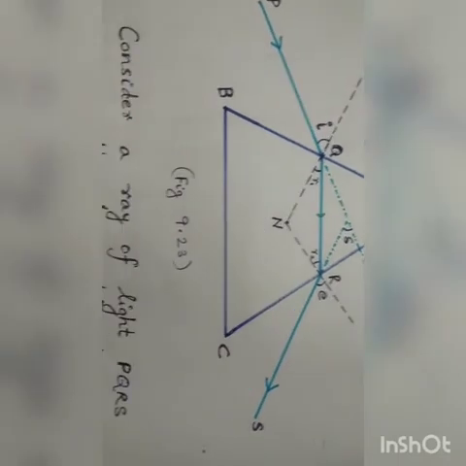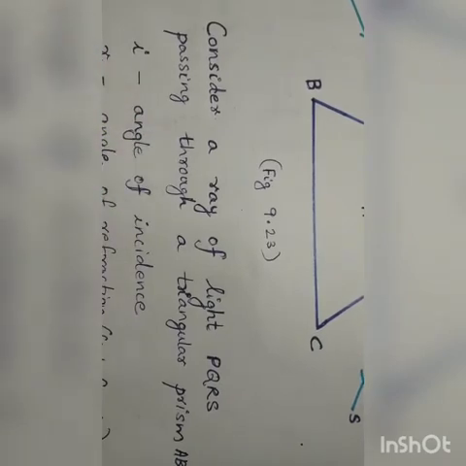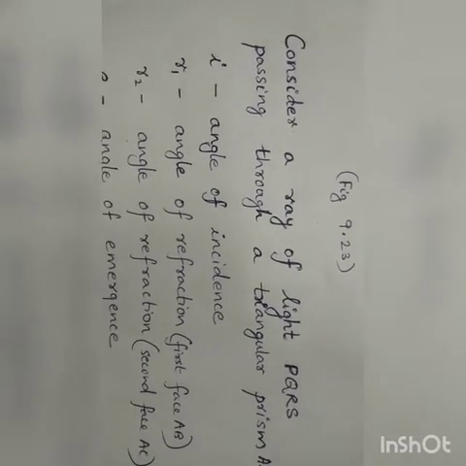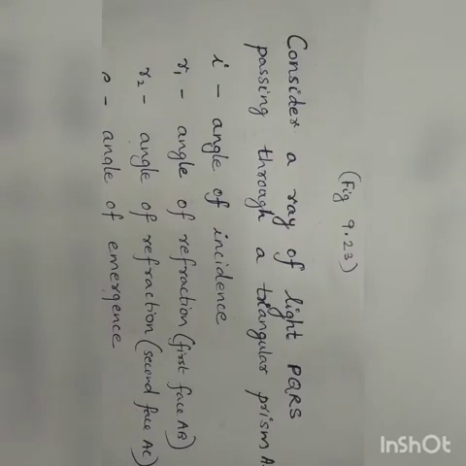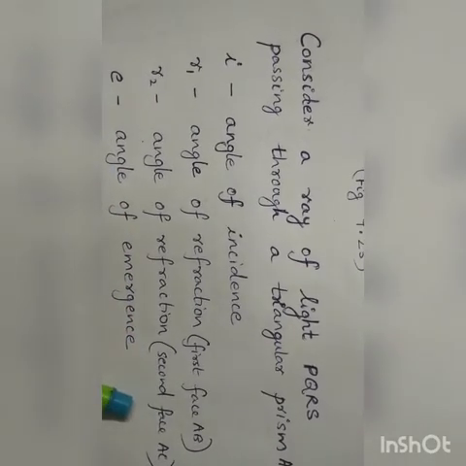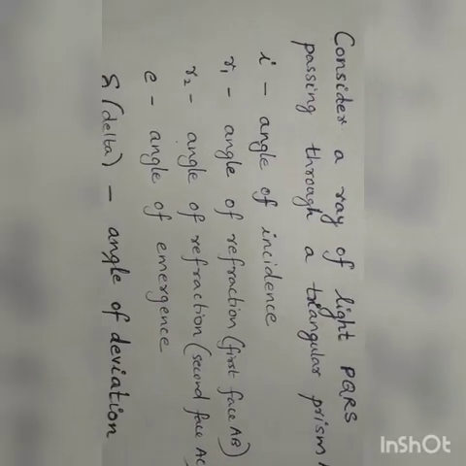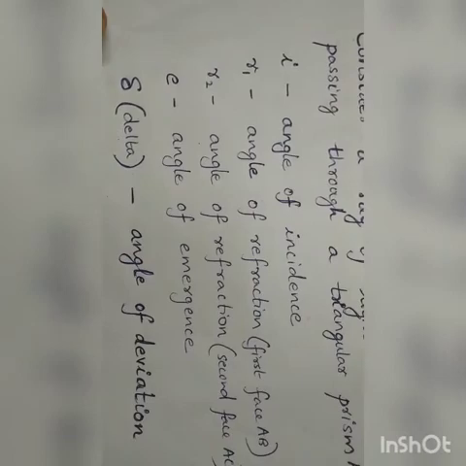And the introduction is: consider a ray of light PQRS passing through a triangular prism ABC, and the terms are I, the angle of incidence, R1, angle of refraction through the first phase AB, R2, angle of refraction in the second phase AC, E is the angle of emergence, and delta is the angle of deviation. Each term I will be explaining.